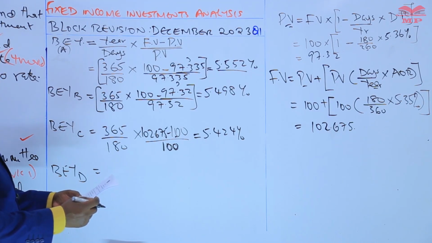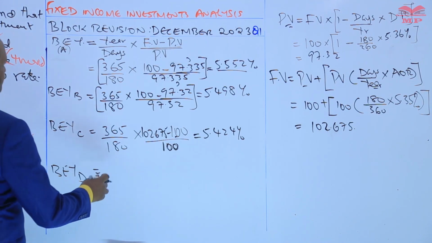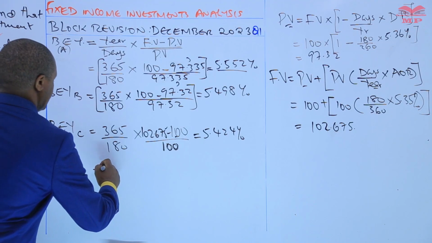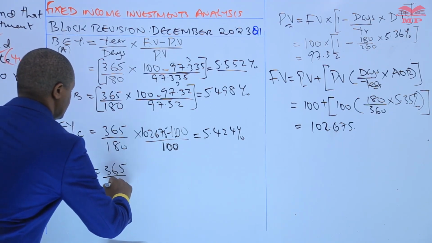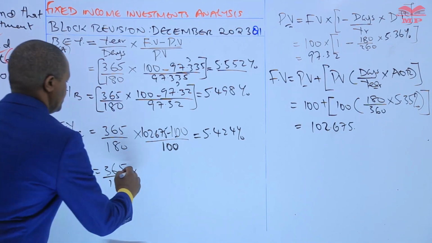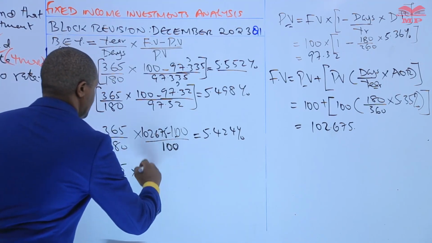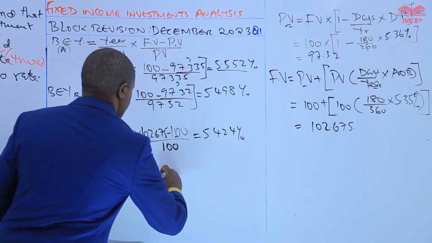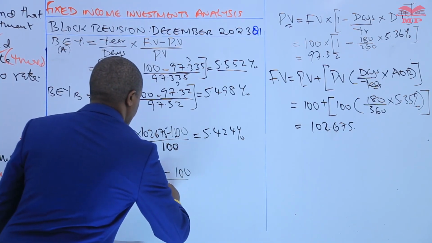So the formula still remains 365 minus 180 times the future value minus the present value, which is 100, over the present value, which is 100.